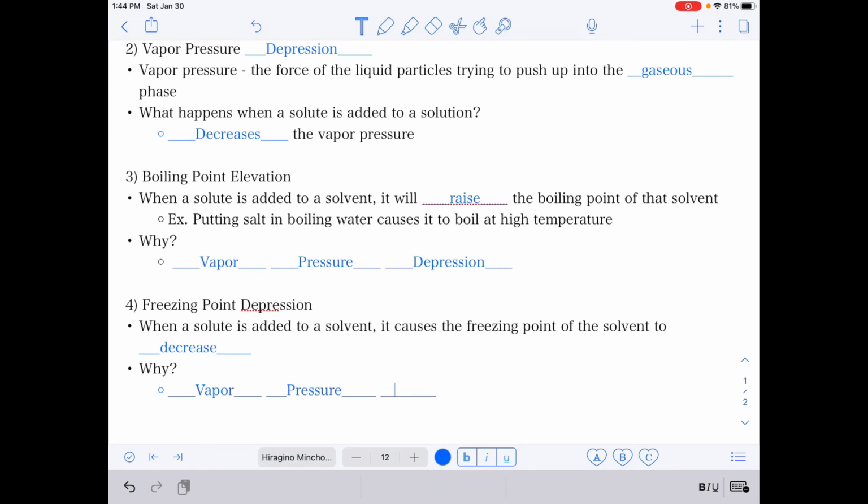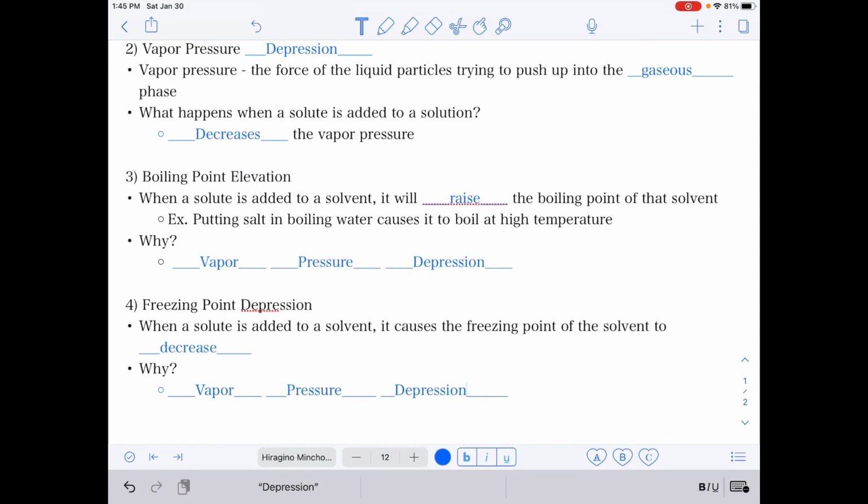So if you think about it this way, let's say you have two solvent molecules right next to each other, and if you decrease temperature, they're going to slow down and sort of stick together. But let's say you have these two solvent molecules, but now you have a solute molecule in between them. Then you're going to have to decrease the temperature even more, right, in order to get them to stick together and become a solid.